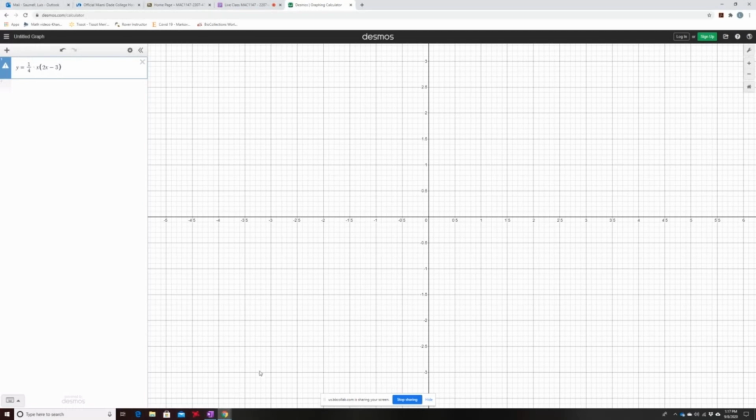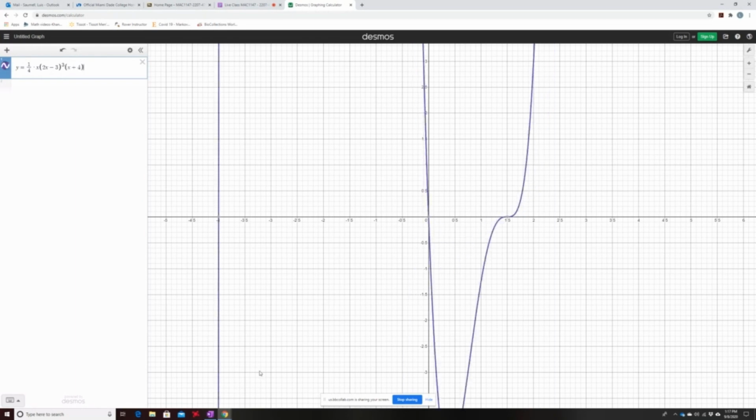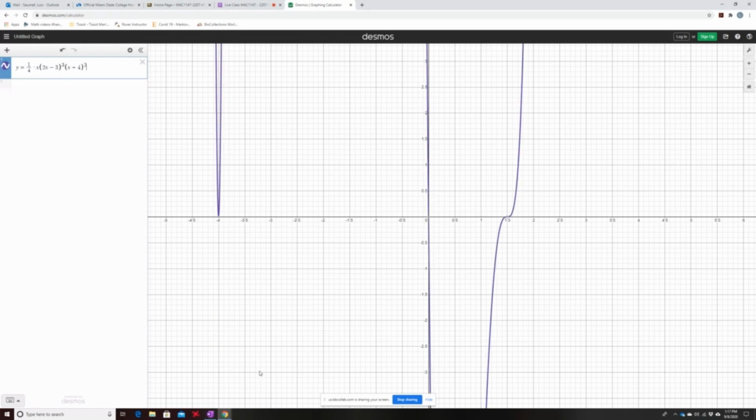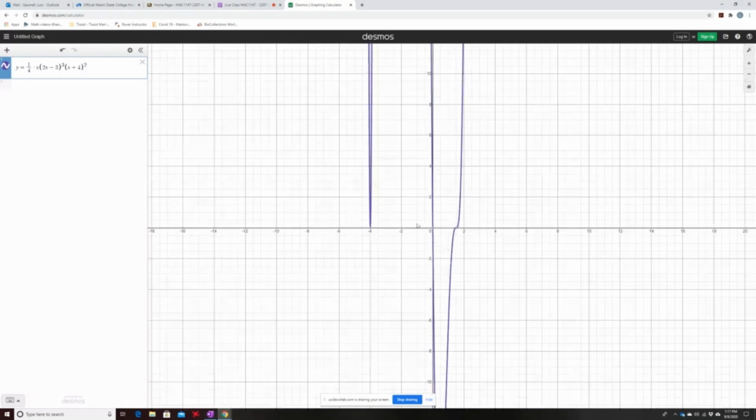Was it 3? I forgot. So it was (2x minus 3) to the cube, and then the other one is (x plus 4) squared. Okay, it looks like we need to zoom out.